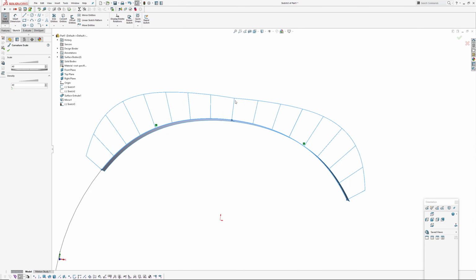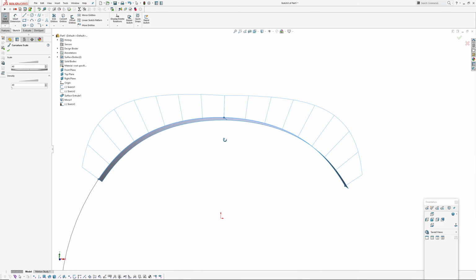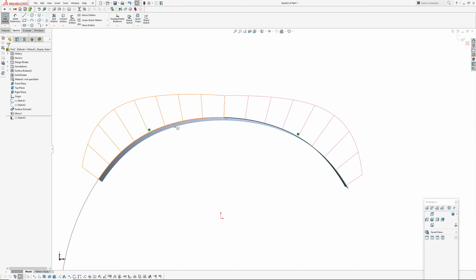You can see there that's curvature continuous constraint, even though this was tangent, because once you mirror it over, the curvature there and there is the same. So that's why you don't want to put a curvature continuous constraint to a line here, because we're not matching to a line once it's mirrored, we're matching to itself.